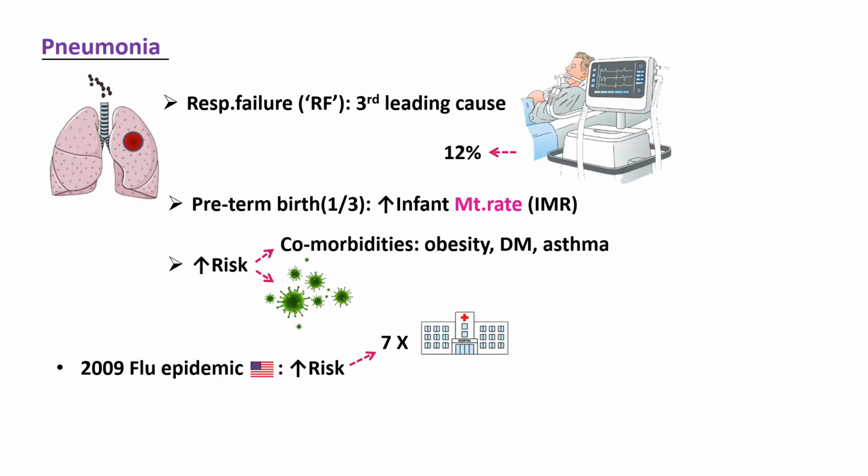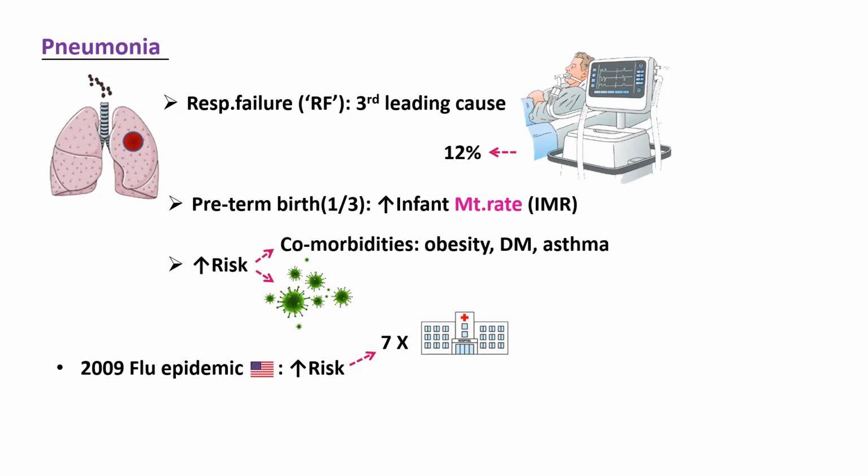There is data which comes from the 2009 flu epidemic in the US, where it is shown that the risk of pregnant patients needing hospitalization when they get pneumonia goes up by 7-fold if they tend to develop pneumonia in pregnancy.